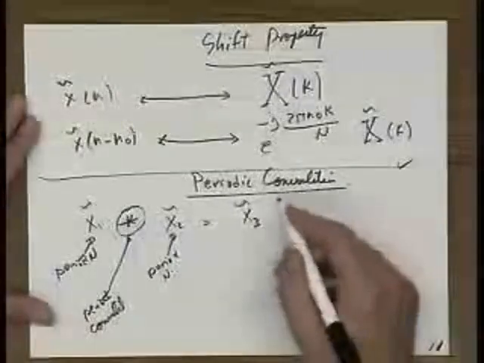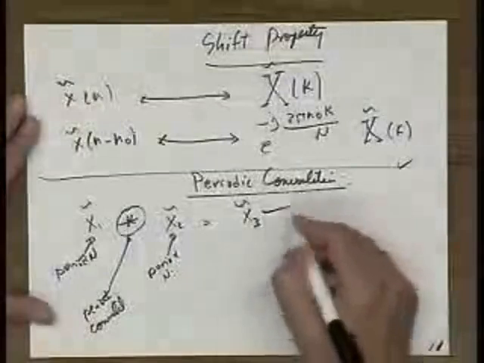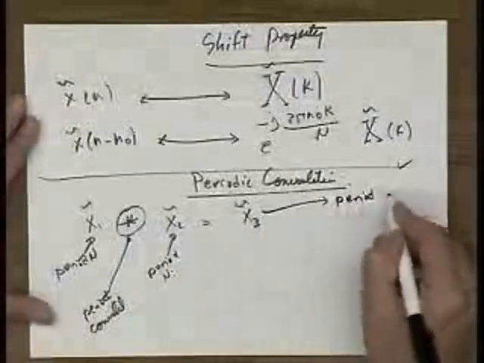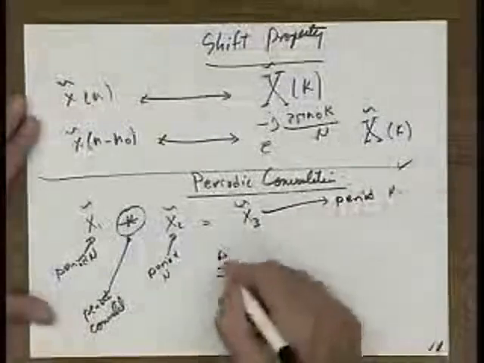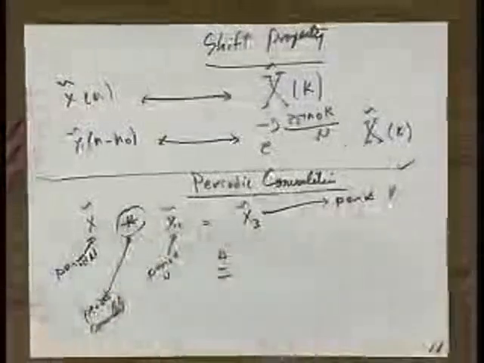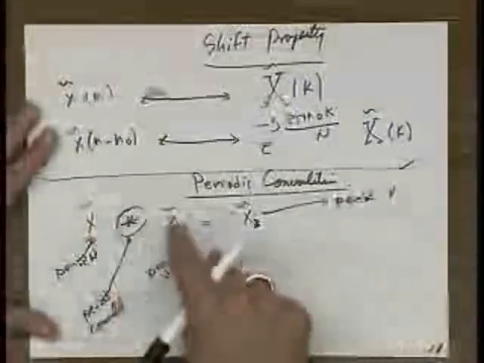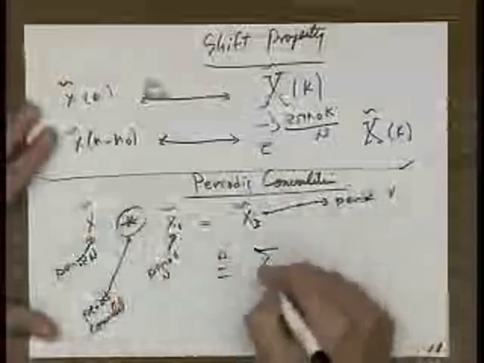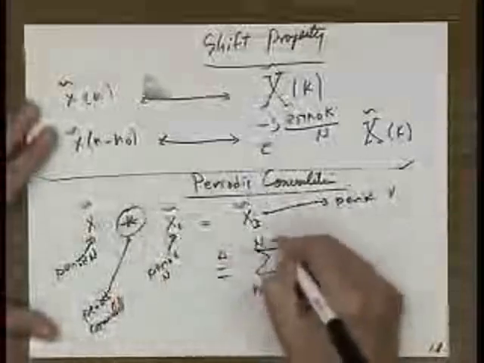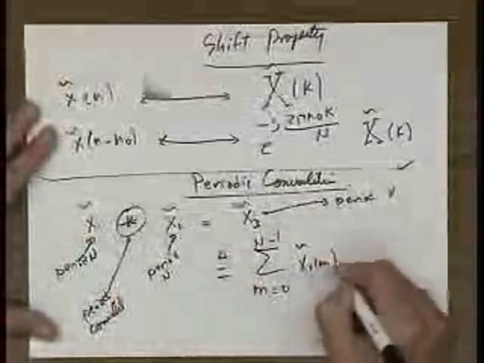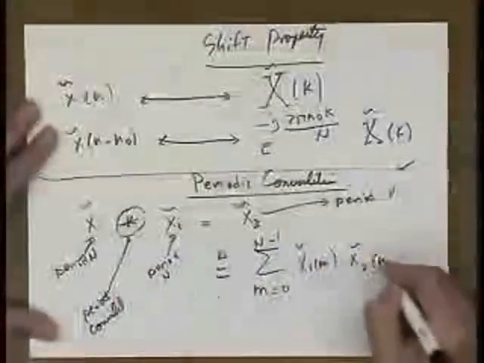I call it x3 of n, and that is also of period N. By definition, periodic convolution of these two things looks very much like the old convolution you know: it's a summation from m equals 0 to N minus 1 of x1 of m times x2 of n minus m.